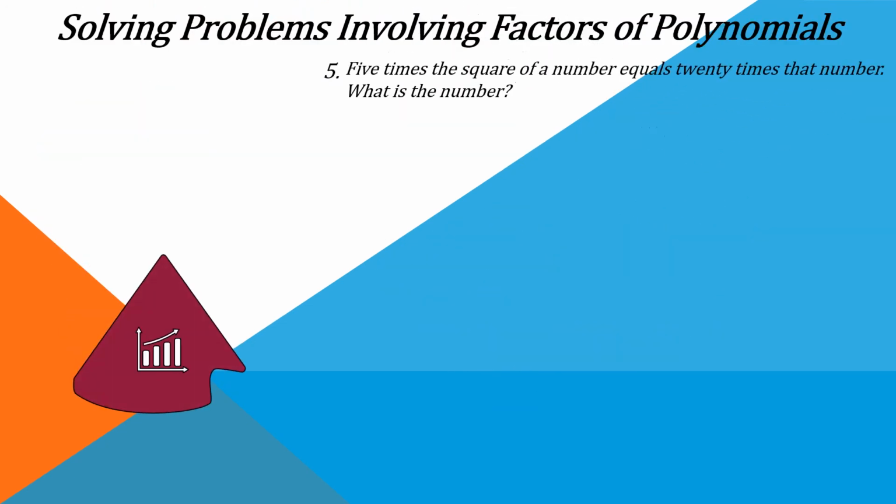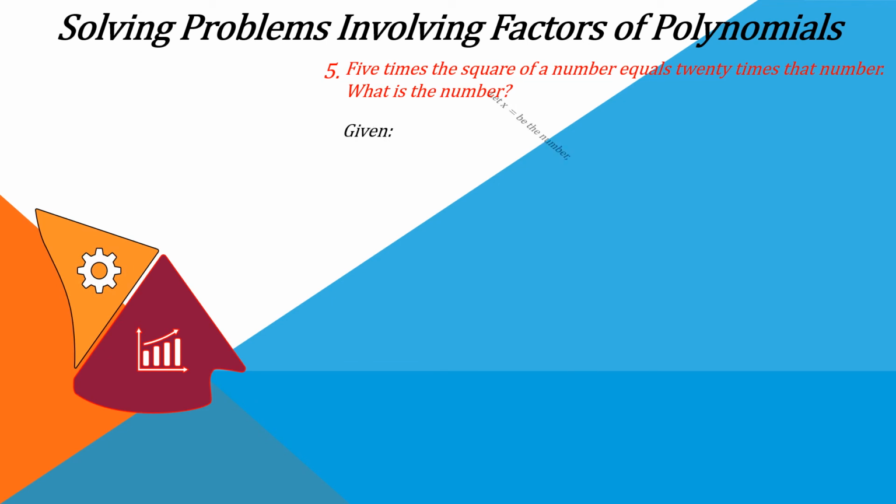Let's have another example. 5 times the square of a number equals 20 times that number. What is the number? 5 times the square of a number means 5x squared if we let x be our number, and it is equal to 20 times that number, which means 20x.